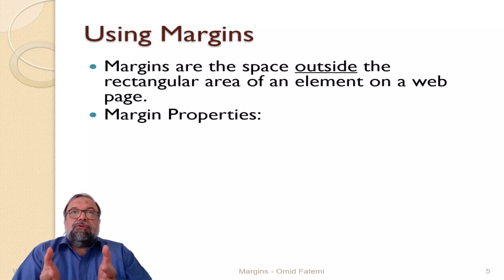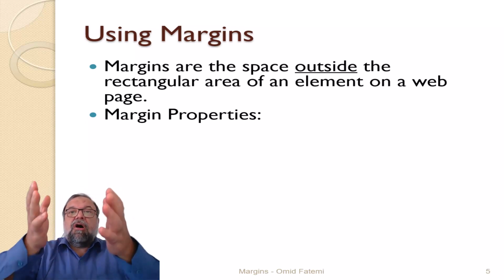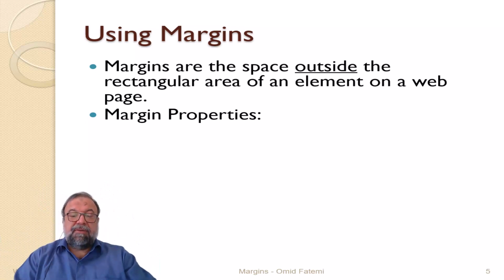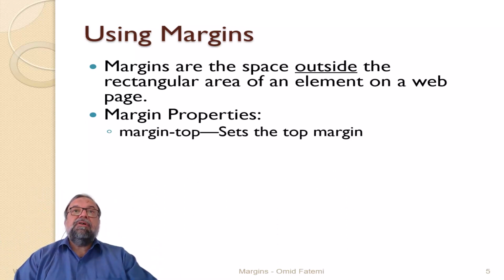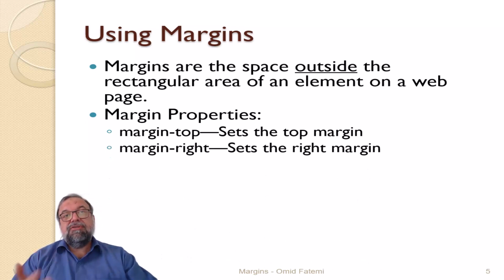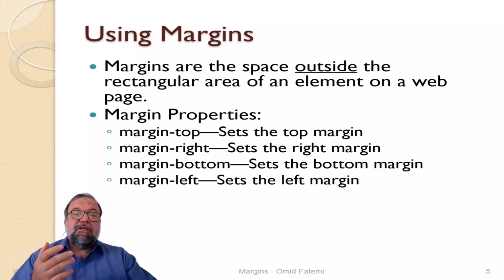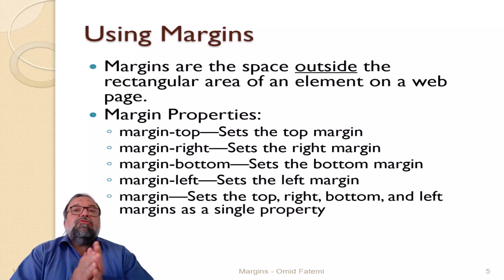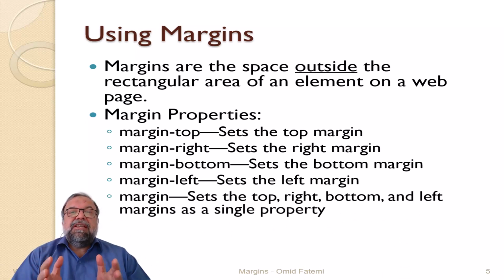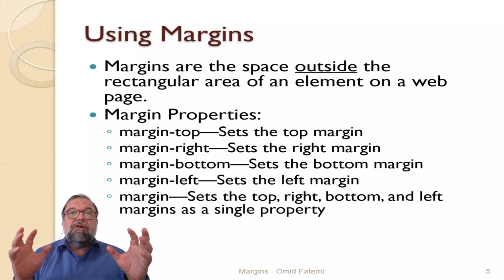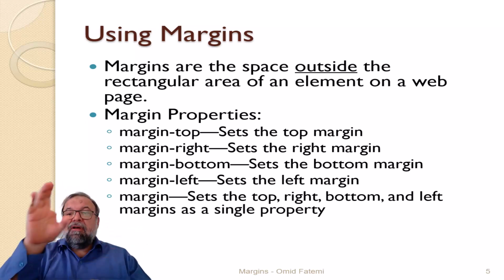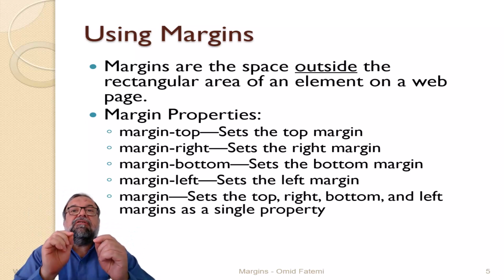Margins, as I showed you, can have different properties: left, top, right, or bottom. Margin-top sets the top margin, margin-right the right margin, margin-bottom the bottom margin, and margin-left the left margin. If you use the shorthand property margin, it means you would like to specify all 4 margins the same.